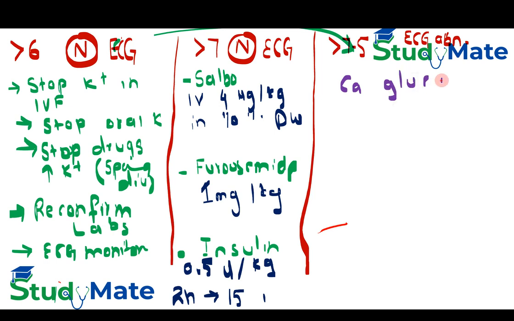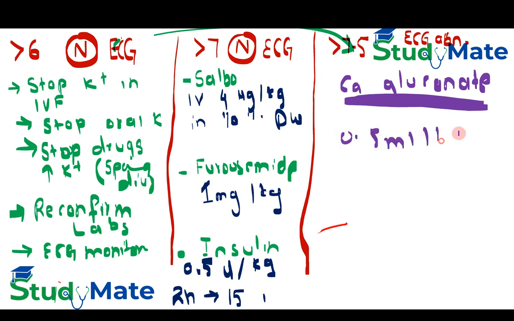In most setups, this is the very first thing that you will do, but this is not a recommended thing. This should only be given if there are ECG abnormalities and the potassium levels are more than 7.5. The dose is 0.5 ml per kg and should be given in 5 to 10 minutes.